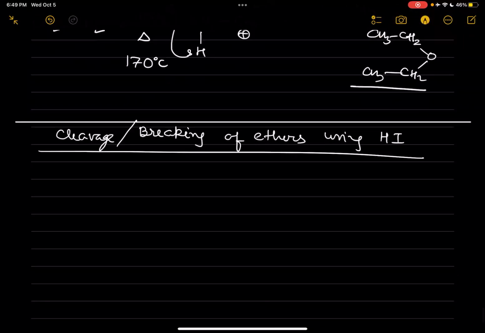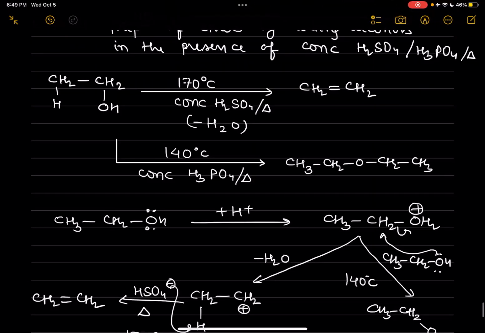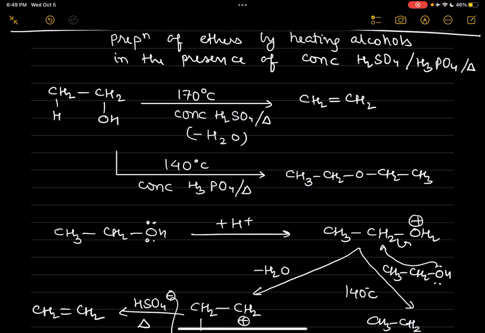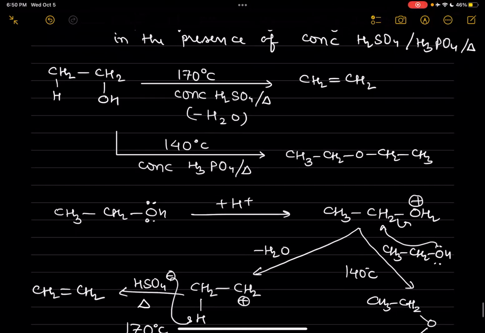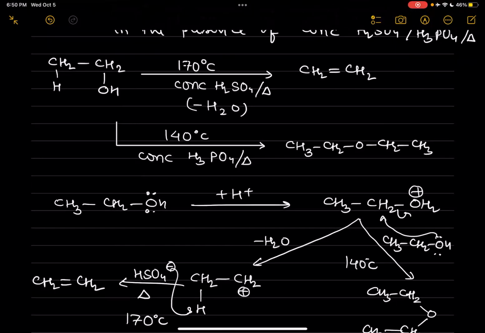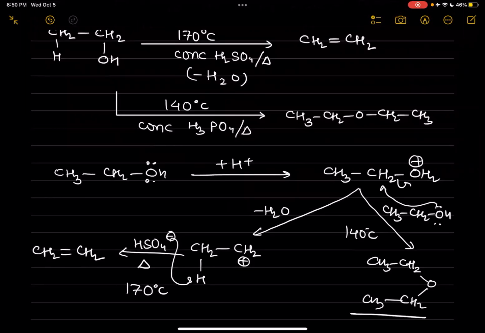Ethers can break in acidic medium, just like the alcohols. You can see the alcohols also reacted in acidic medium. Why do alcohols require acidic medium to react? It is because the OH group gets protonated and it becomes a good leaving group.